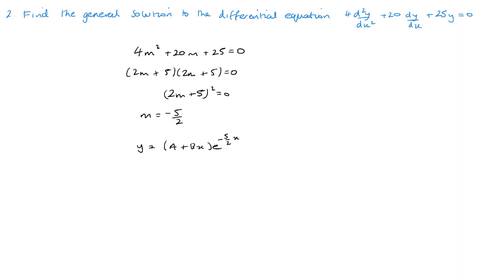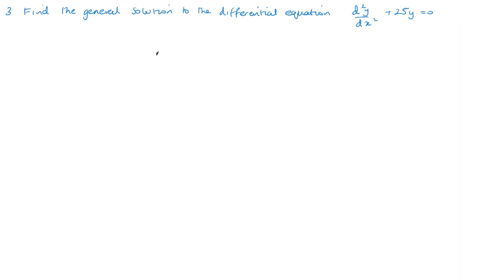Let's move on to the third one. Okay, third one, nice and easy. So taking the square root, plus or minus root of minus 25, which is plus or minus 5i. So this one now is just purely imaginary.